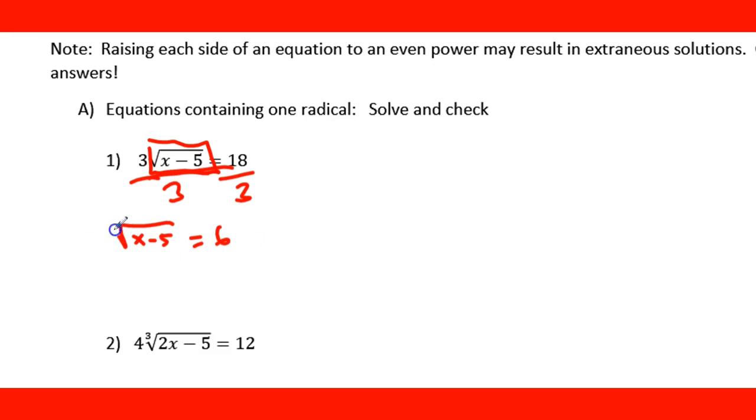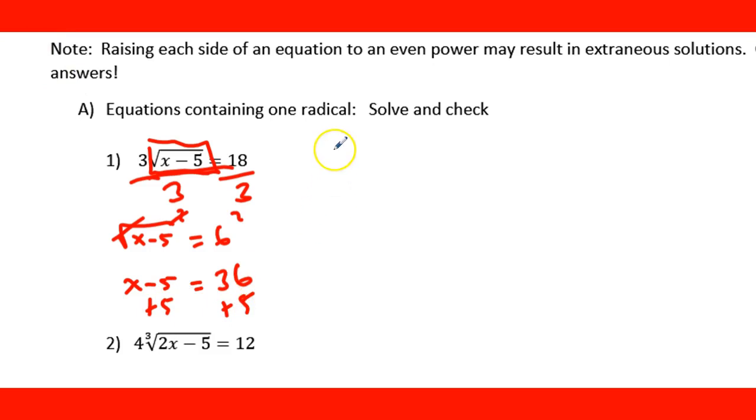And remember, the index right here is 2, because it's not there, it's an implied 2. So that means it's a square root, so we square both sides. The radical and the exponent negate each other, or cancel out. So you have x minus 5, and you have 6 squared, which is 36. Now we add 5 on both sides.